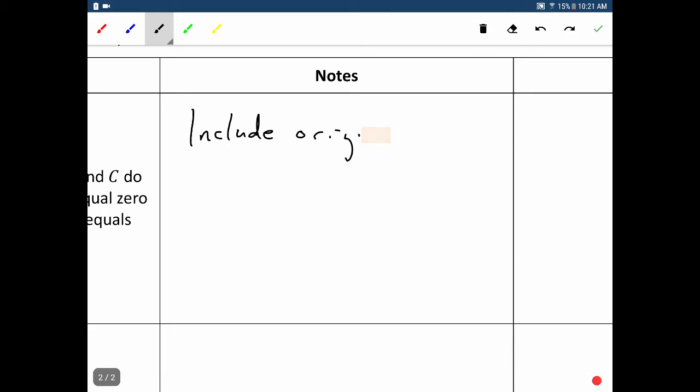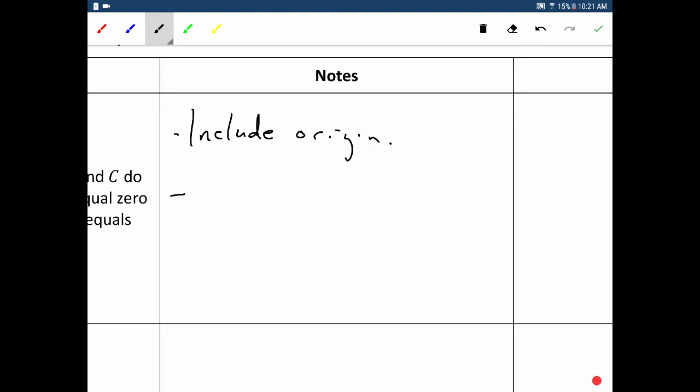Whoops, there's no E on origin. Okay, so include the origin. And what we want to do is come up with two other points so that we can create a plane. We're actually going to draw it as a triangle, which of course it's not, but it's the easiest way to illustrate this.